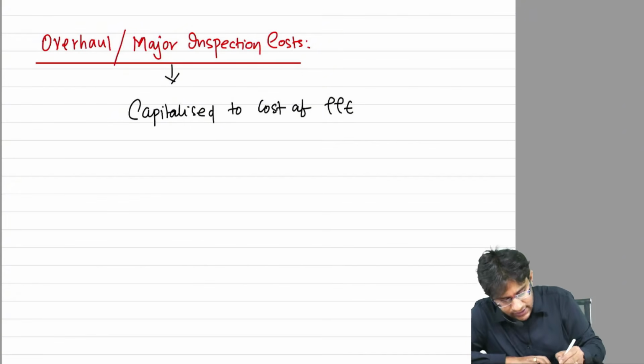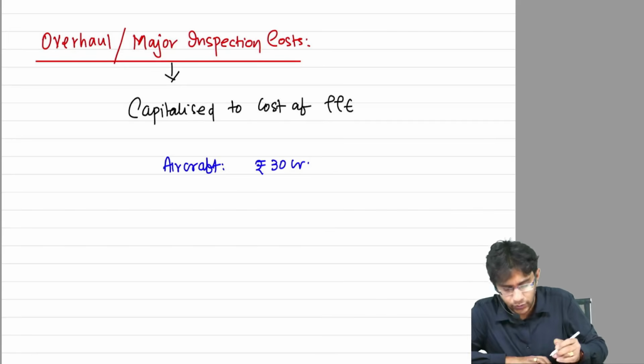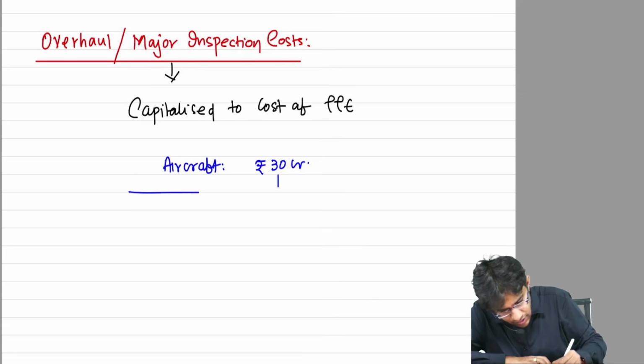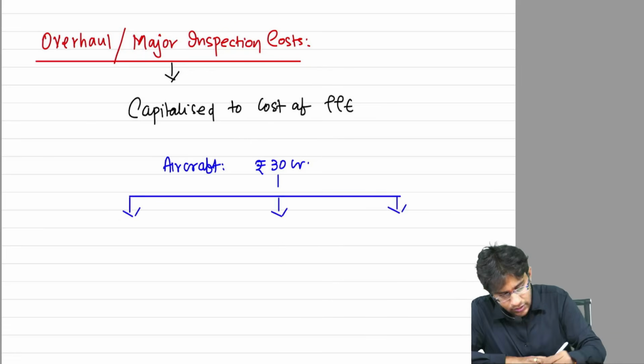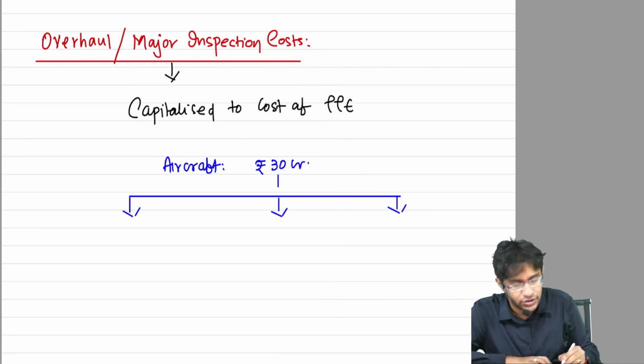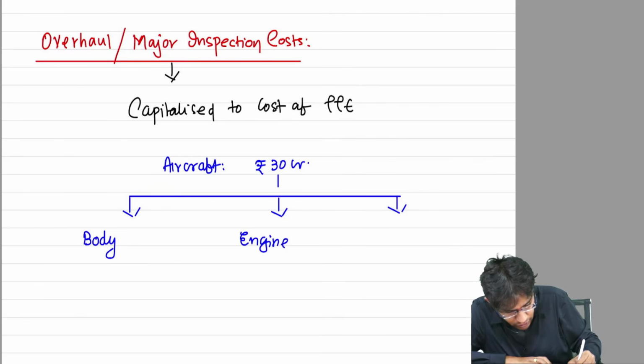Now again, one more example. Let's say you have purchased an aircraft for 30 crores. I am making it into 3 parts. Sir, earlier you made it into 2 parts only, body and engine. This time I evolved. One is the body, one is the engine, one is overhaul cost.